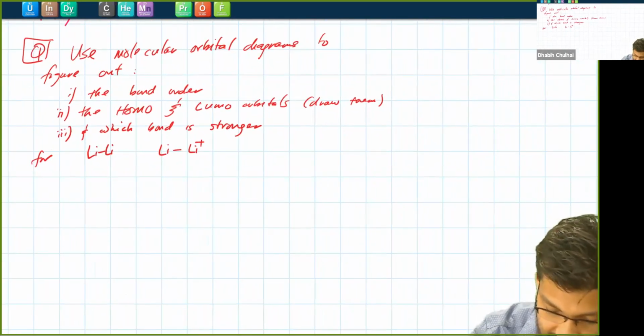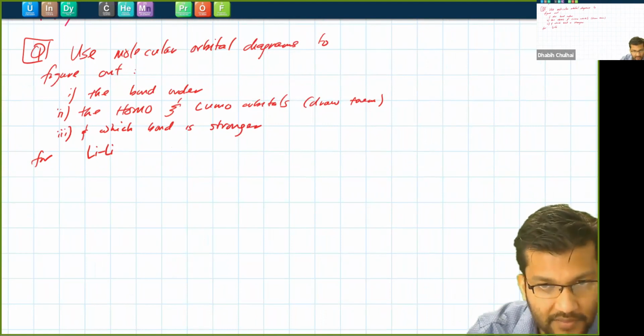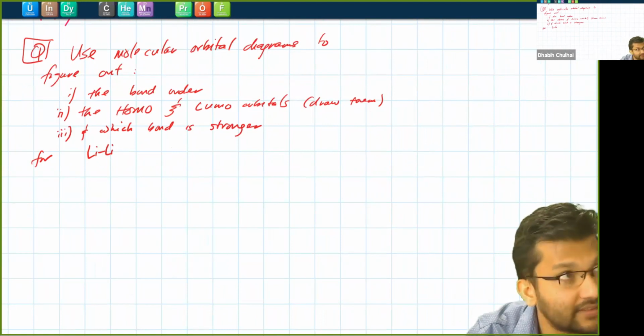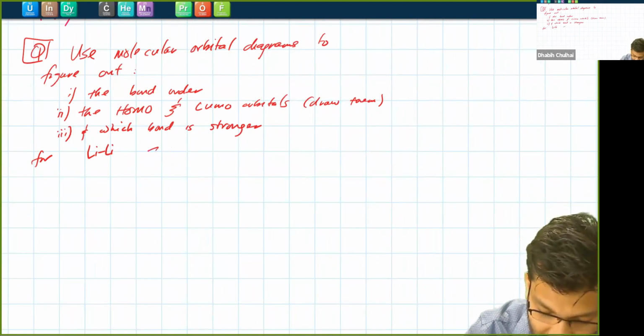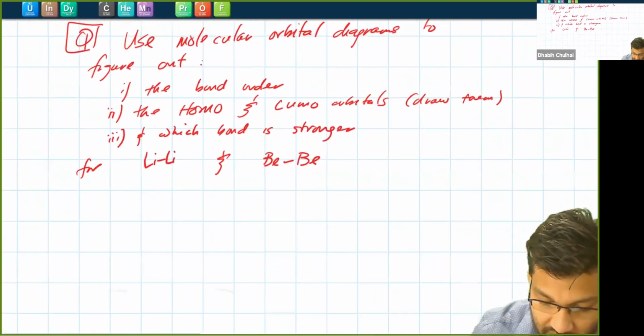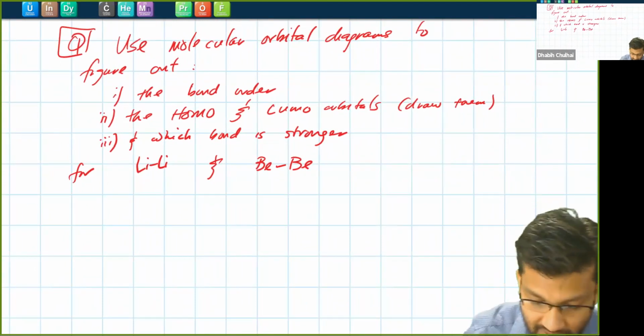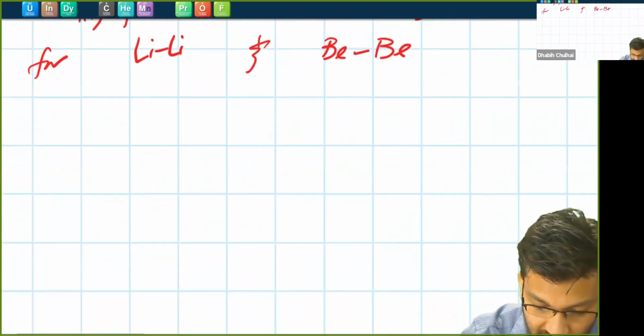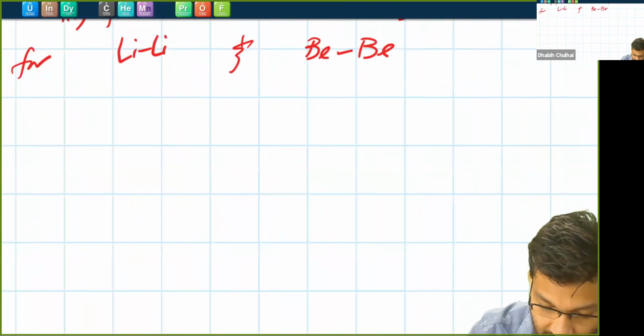Actually, let's change the second one. What's the atom after lithium? Lithium, beryllium. Let's do beryllium bonded to beryllium. So I'm going to do lithium bonded to lithium, and you're going to do beryllium bonded to beryllium, just to make sure that we understand all of this.